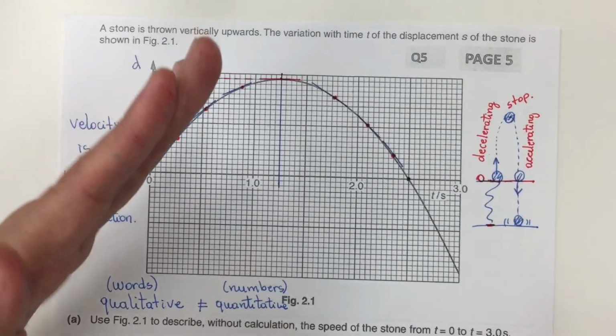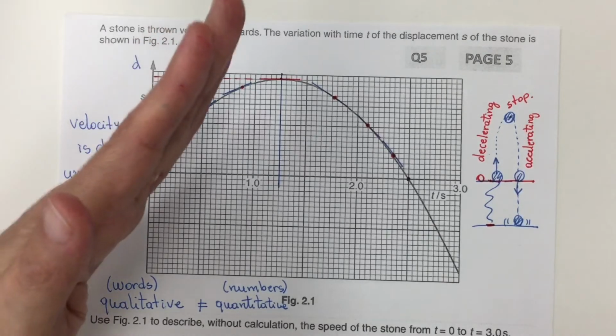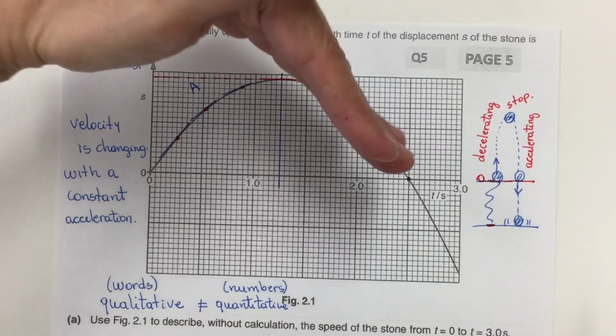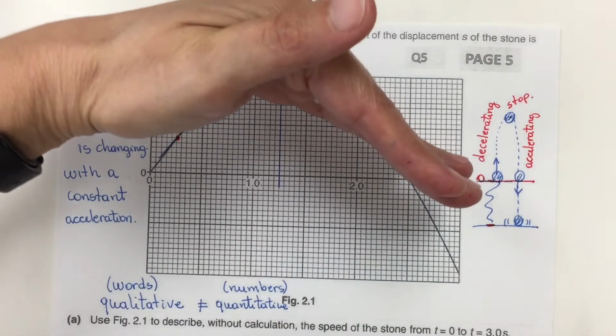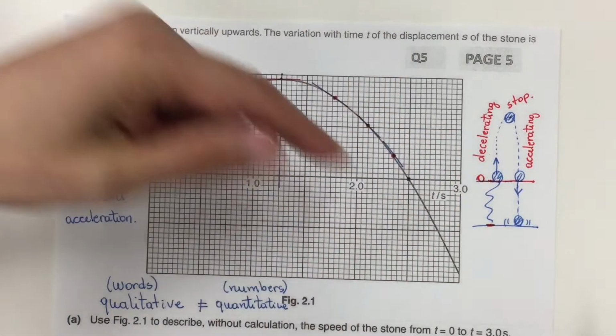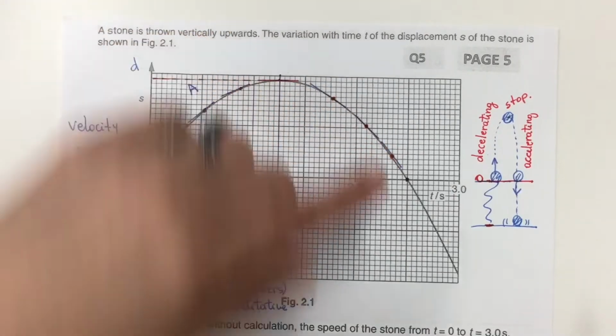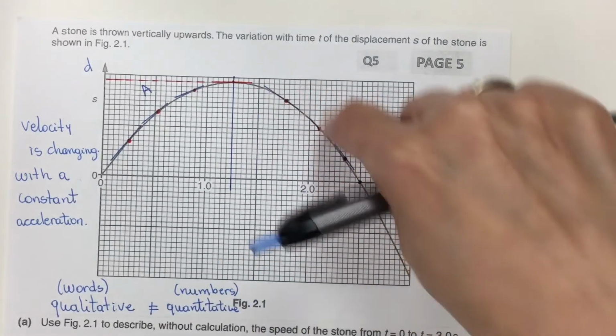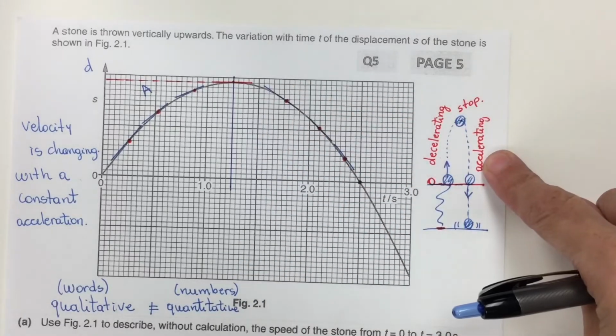Following the order over time, the tangent line is getting less steep here, and here it is getting steeper. As it goes down, it is getting steeper. So that is an indication that on this side it is accelerating.